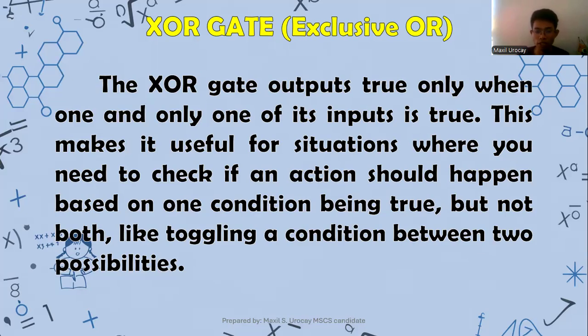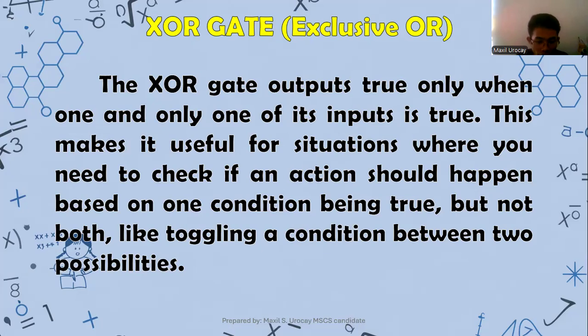This makes it useful for situations where you need to check if an action should happen based on one condition being true, but not both, like toggling a condition between two possibilities. That means to say, class, in our propositional logic, we are dealing with only one true statement. Either one true statement, it will become true. But if both statements are true, it will become false.